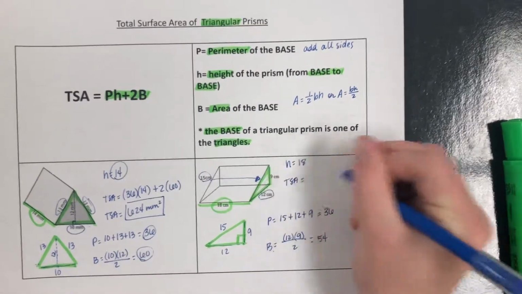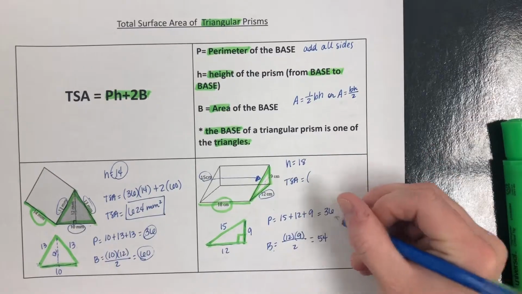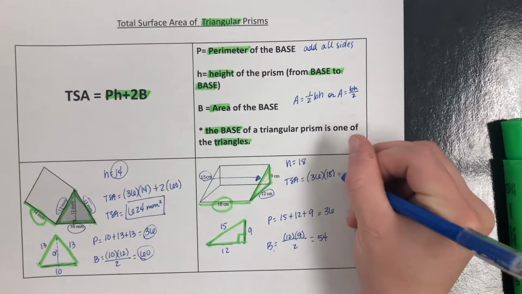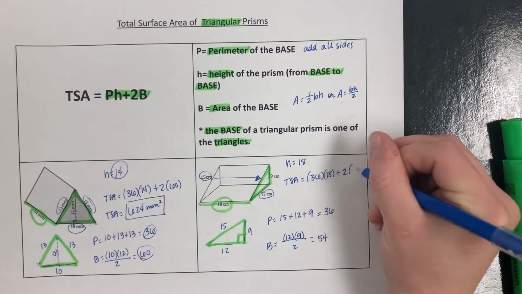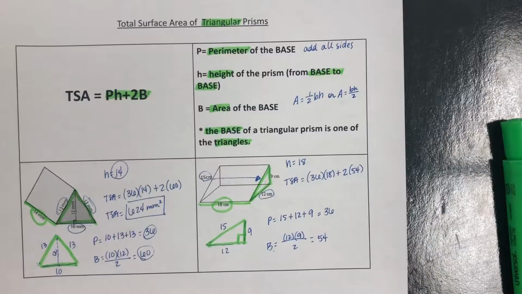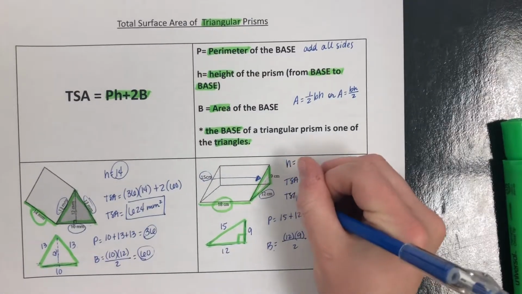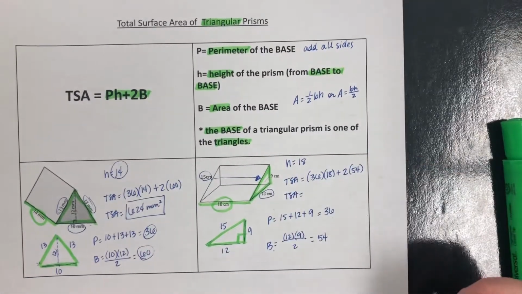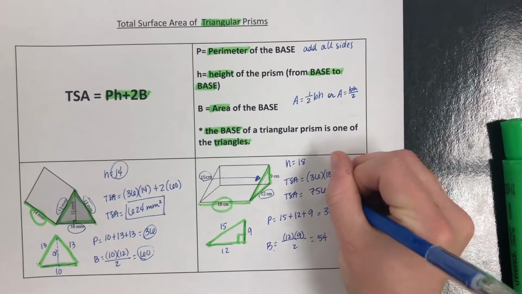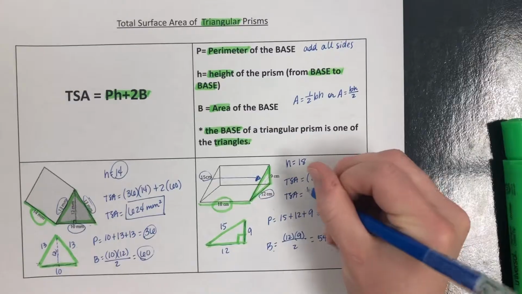Total surface area equals the perimeter of the base, which is 36, times the height of the prism, which is 18, plus 2 times the area of the base, which is 54. Type it all into your calculator. You can do it exactly as it looks, and you should get 756 centimeters squared.